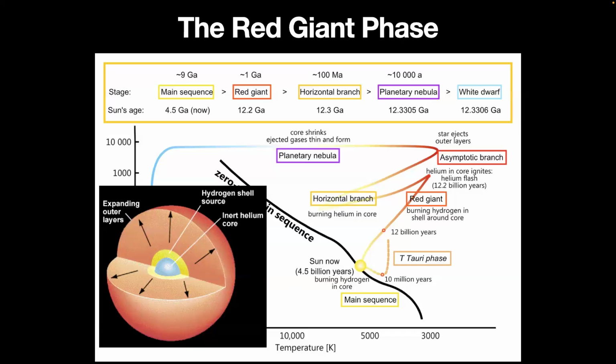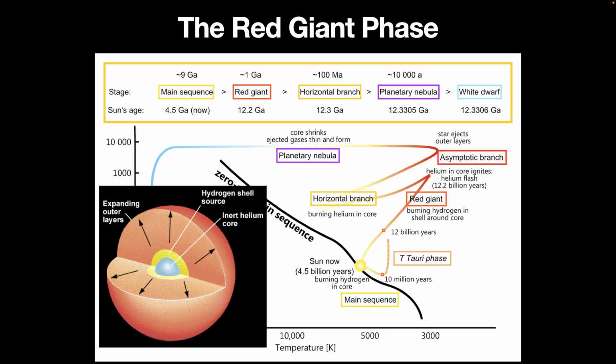All right, so we have a core of helium that is contracting and heating up, and a shell of hydrogen around the helium core that heats up enough actually to start fusion again. This produces a lot of heat and radiation pressure to push outward, and the star will actually expand.